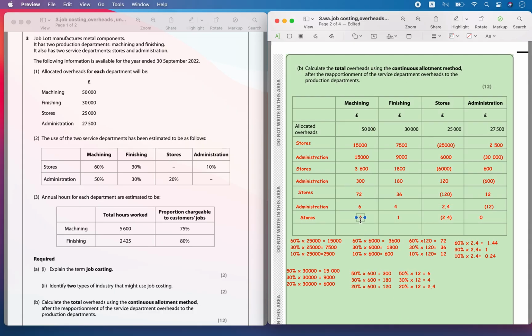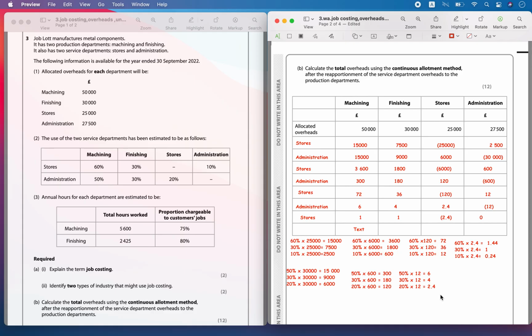Now let's add up all this. So when you add up, the values are going to be equal to 15,000 plus 15,000 plus 3,600 plus 300 plus 72 plus 6 plus 1, and plus 50,000 at the beginning.